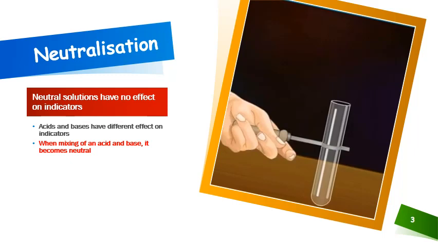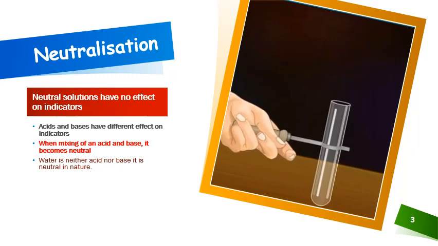Like that, how can a neutral solution form? By mixing an acid and a base, then it becomes neutral. They are formed by mixing an acid and a base. That means it is neither an acid nor a base completely. It is neutral in nature.